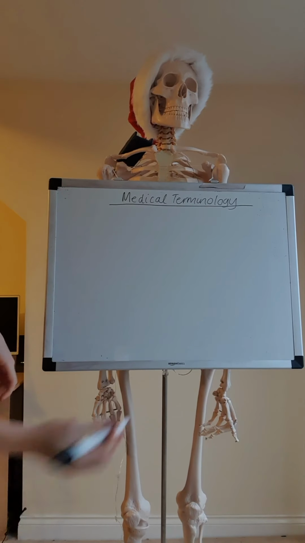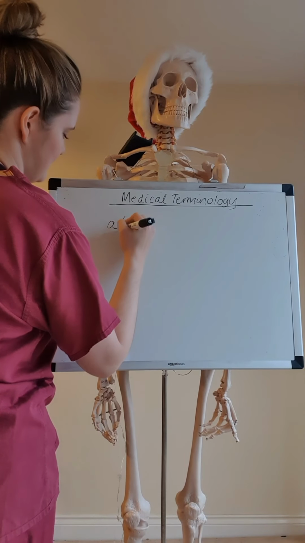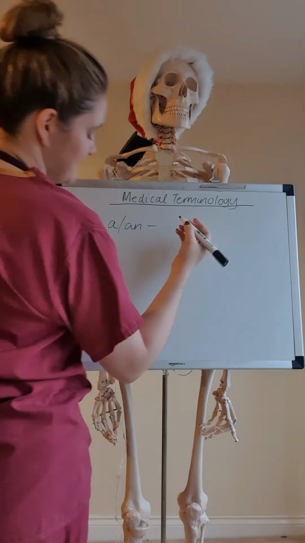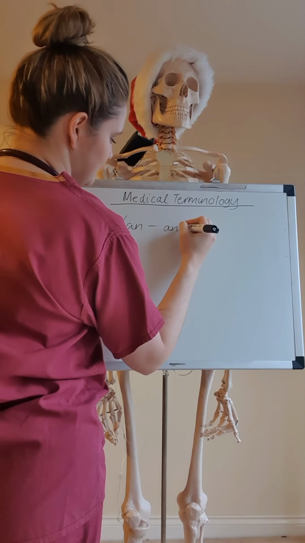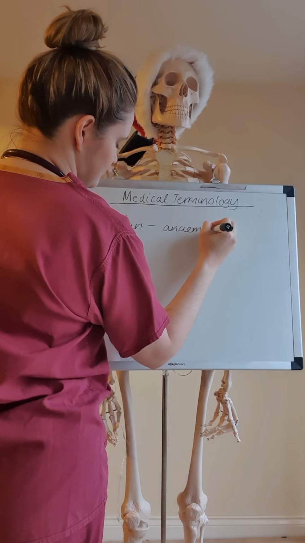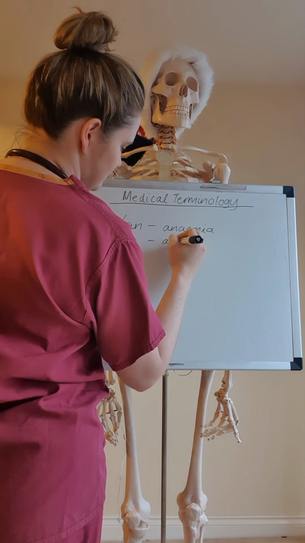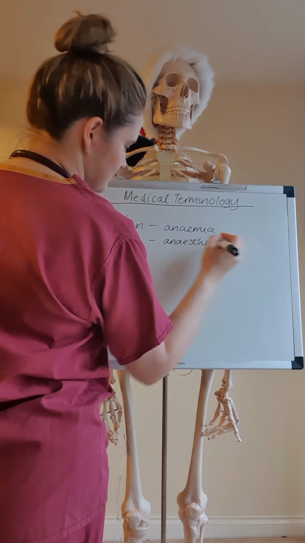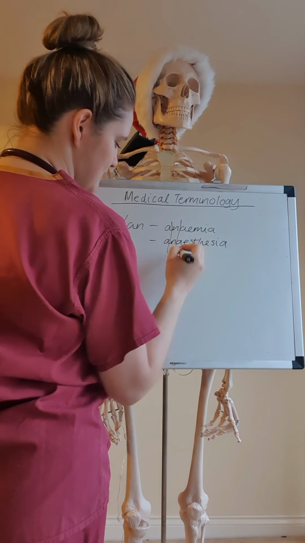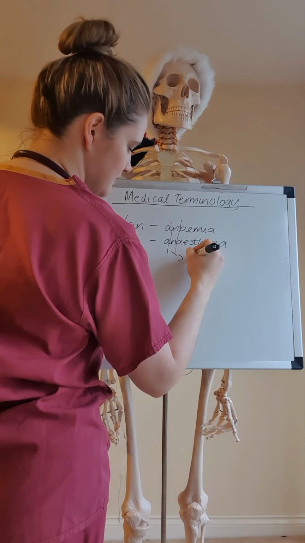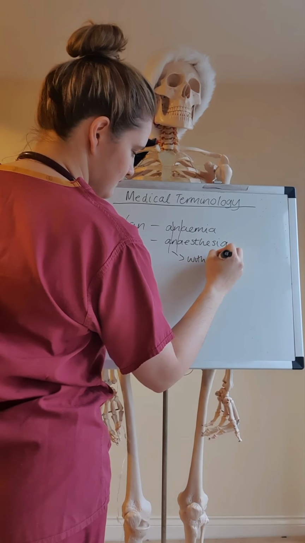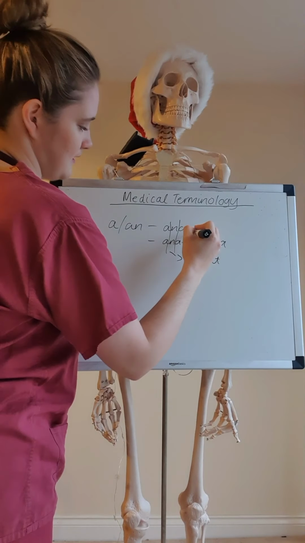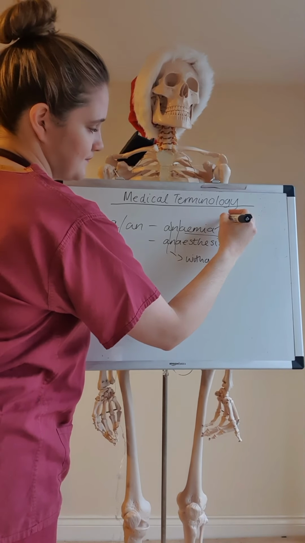Even more for you. We're going to go with a or an. It might sound like a bit of a weird one, but think of all these things. You've got anemia, anesthesia, and all this a or this an means is without. So think about these for a second. Anemia, emia is blood.